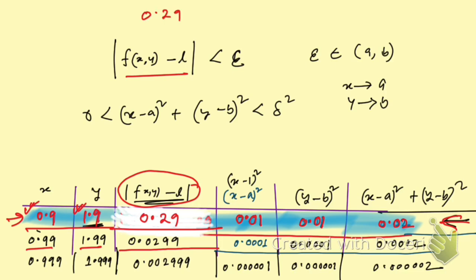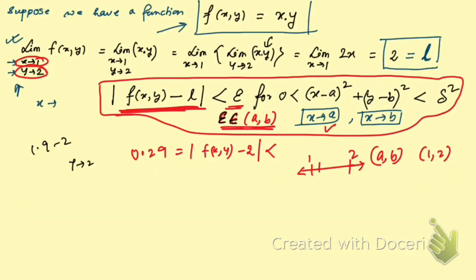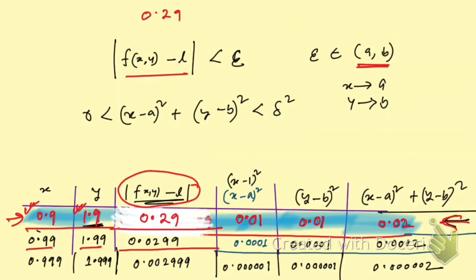And here a comma b, for this function, as I have written here, x tends to 1, y tends to 2. So a is 1, b is 2, and 0.29 is less than any value between 1 and 2, any positive value epsilon which belongs to 1 comma 2, right?